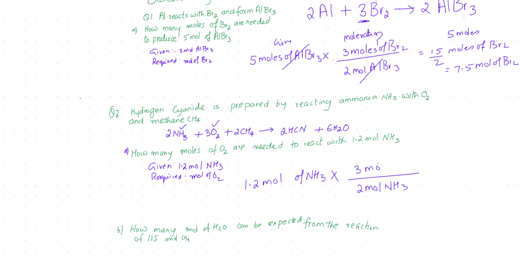So now moles of ammonia get cancelled. So 1.2 times 3, 3.6 over 2 moles of oxygen. And 3.6 over 2 is 1.8 moles of oxygen. This is the answer.